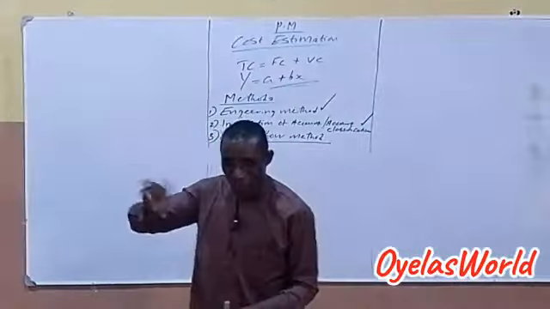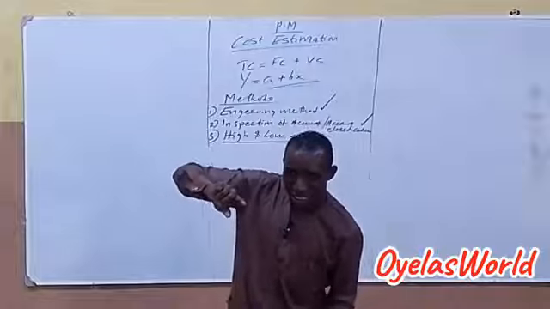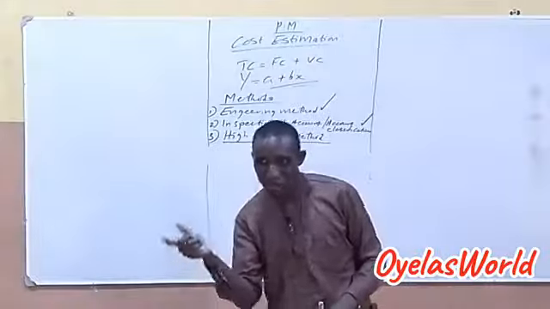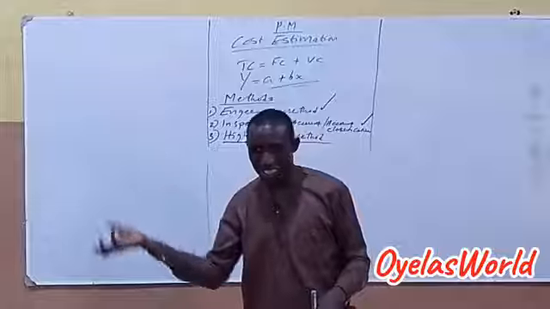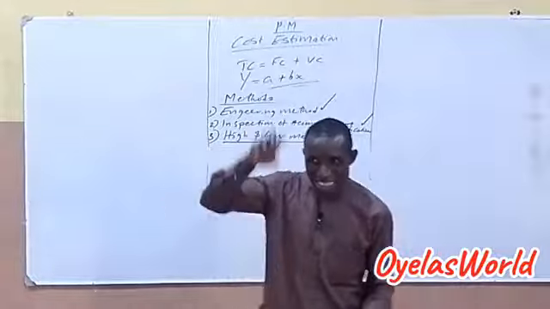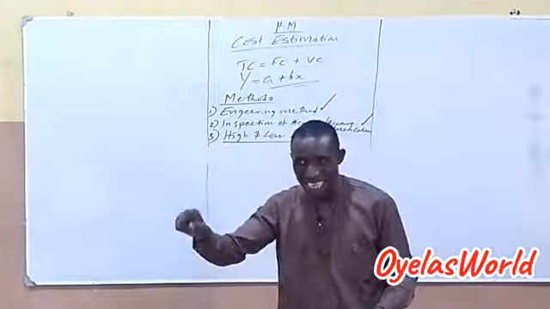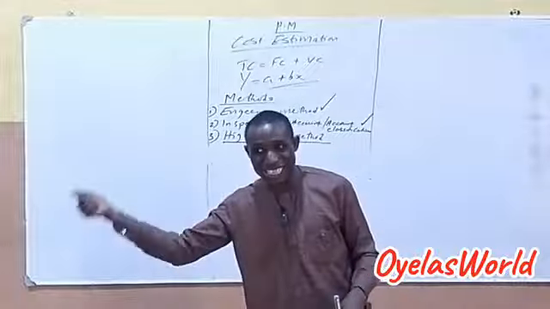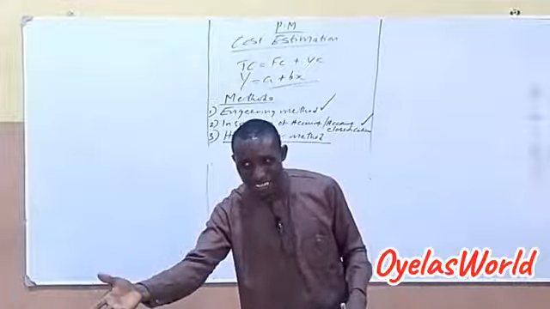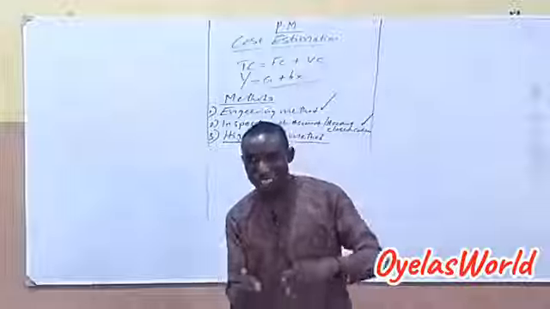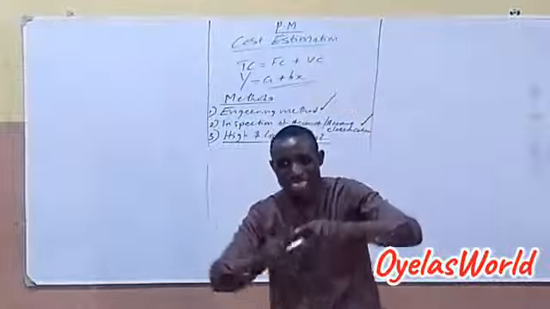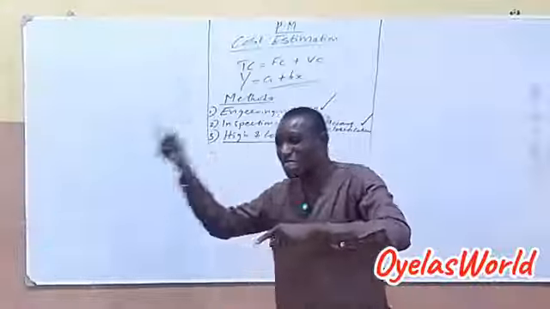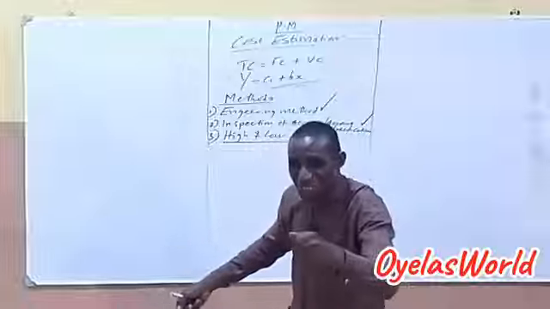What is your variable cost? The cost changes because the activity level changes. Variable cost is the change in cost as a result of changes in activity level. So you say changes in cost divided by changes in activity level. What are you having? Variable cost.